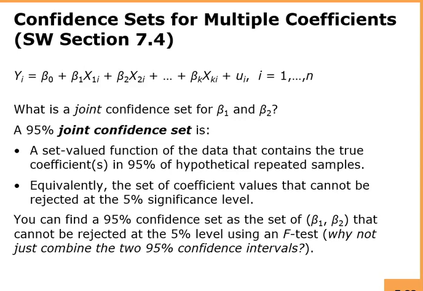It simply means that it's a set of values that contains the true coefficients in 95% of hypothetical repeated samples. You can also say that the set of coefficient values that cannot be rejected at the 5% level of significance is what the joint confidence set will be constructed of.